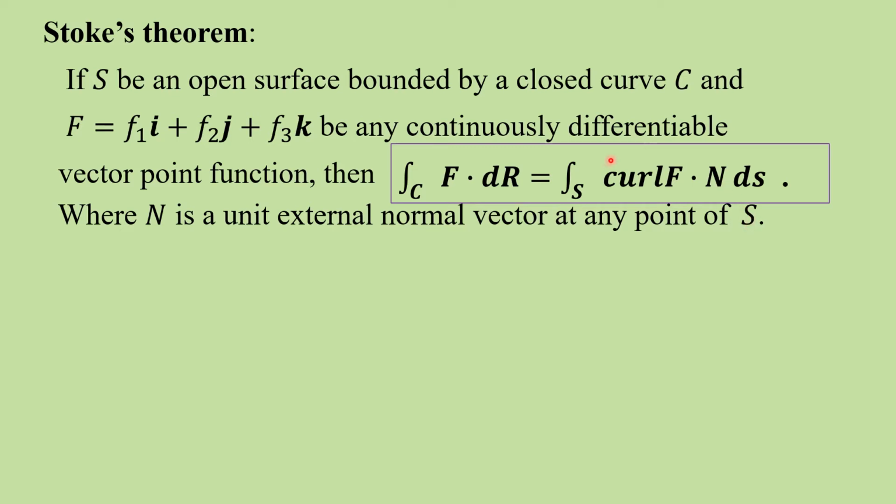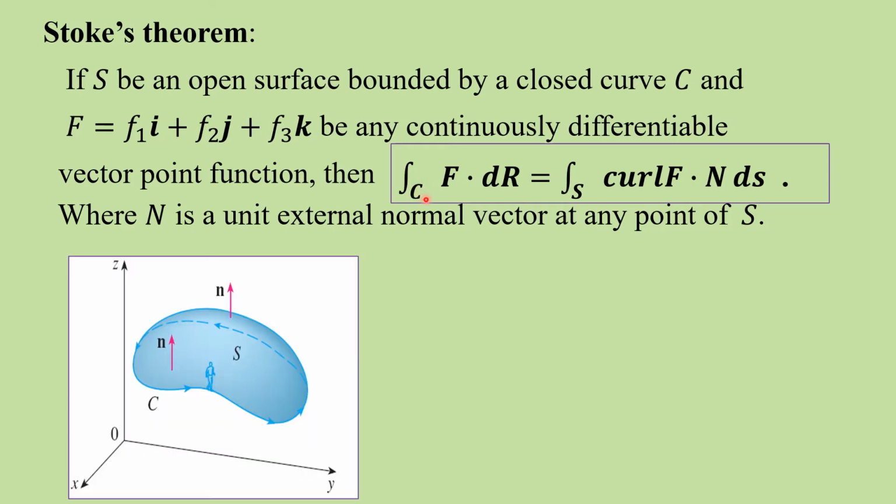Or, by Stokes theorem, we can take the surface integral of curl f as the line integral of f along the simple closed curve C. What exactly does Stokes theorem say? If we need the surface integral of curl f, a vector point function, over a surface bounded by a closed curve C, then the surface integral of curl f along the normal to the surface S is equal to the line integral of that vector point function along the closed curve C. So both ways we can convert.